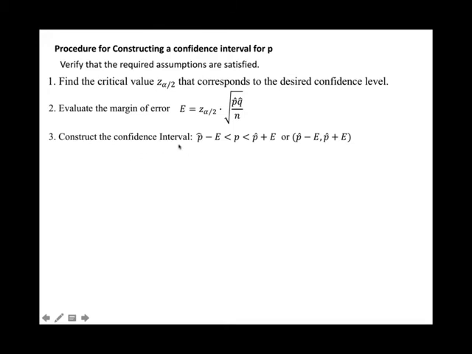After that, you construct the confidence interval. P hat is the sample proportion of success. You should have it here. Minus the margin of error, or plus the margin of error. You could write your answer using inequalities, or you could use parentheses like this.